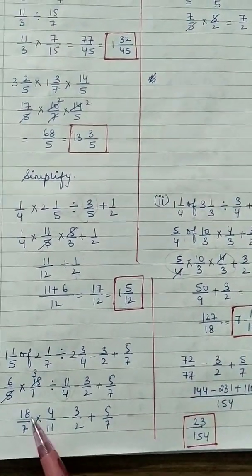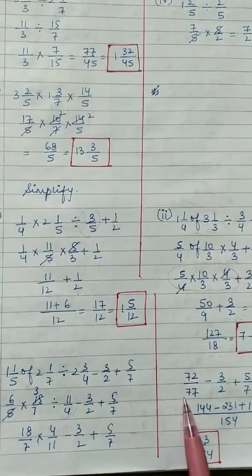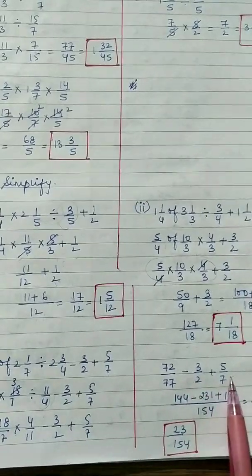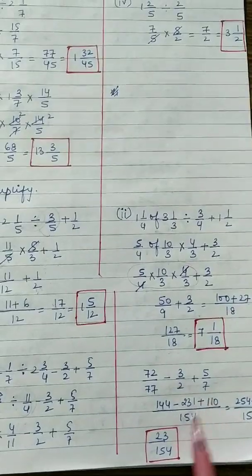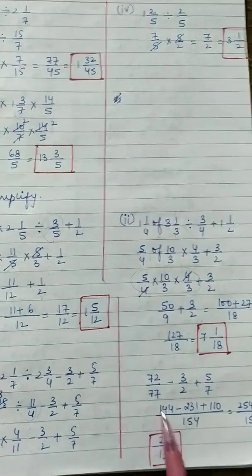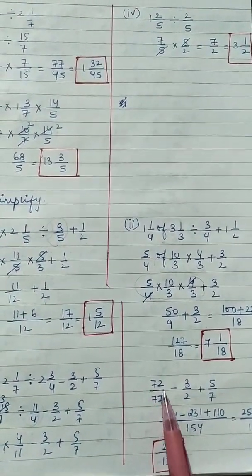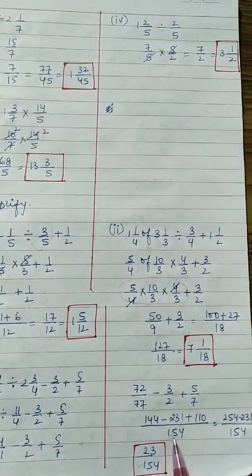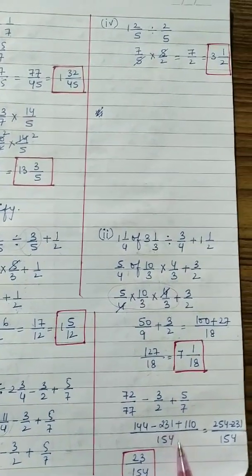Next children, multiply 18 and 4. It will be 72. 7 into 11, it will be 77. Minus 3/2 plus 5/7. So take the LCM of 77, 2 and 7. LCM will be 154. So 154 divided by 77, it will be 2. So 2 into 72, 144. 154 divided by 2, it will be 77. 77 into 3, 231.